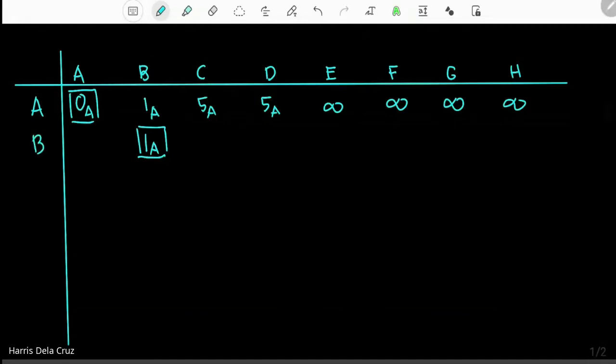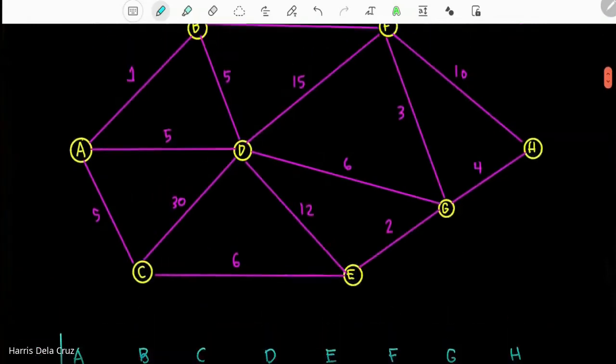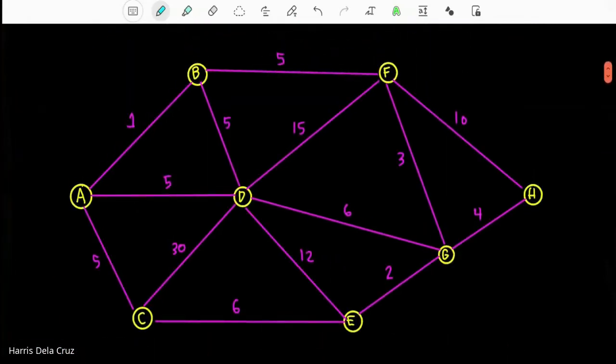Now, from vertex B, if we look at our graph, we can visit vertices A, D, and F. But since A is already visited, or it already has a permanent label, we don't need to go back to vertex A again. So from B, we can go to vertex D. So the temporary label of D becomes 1 plus 5.